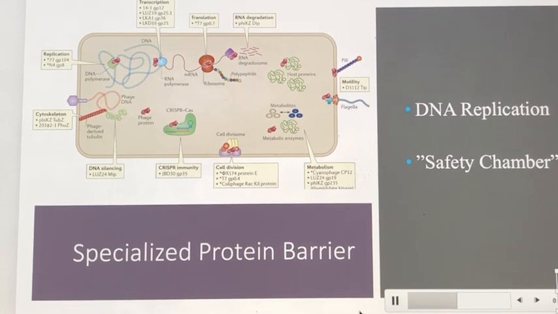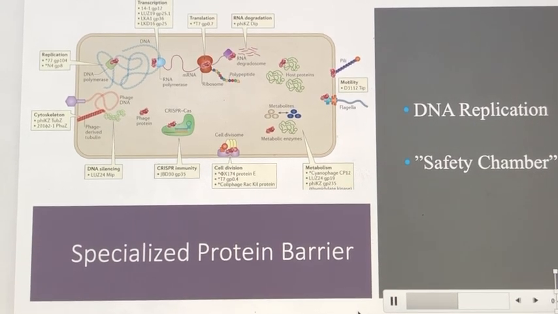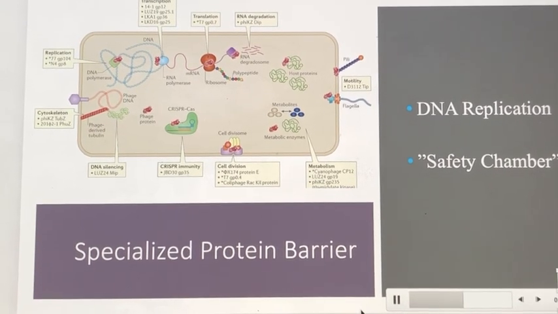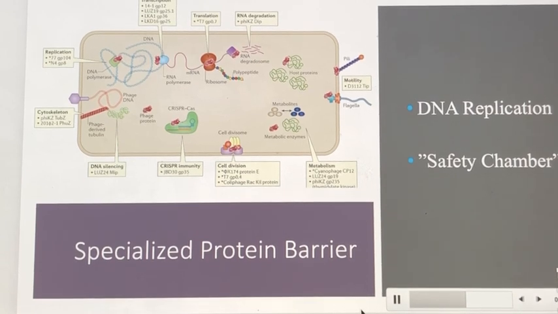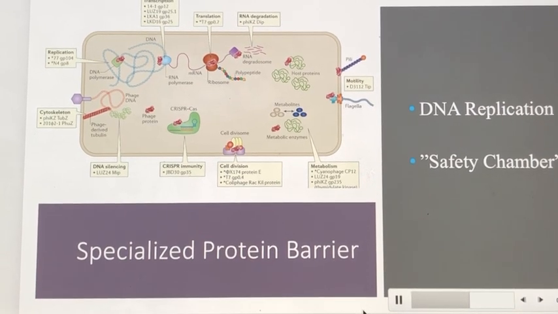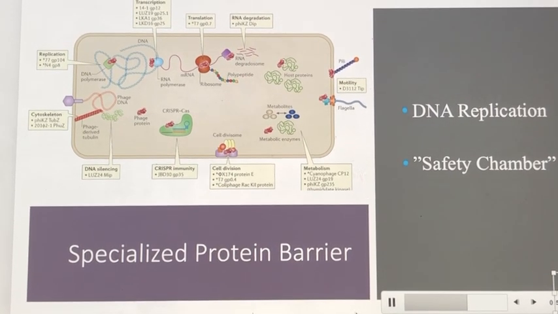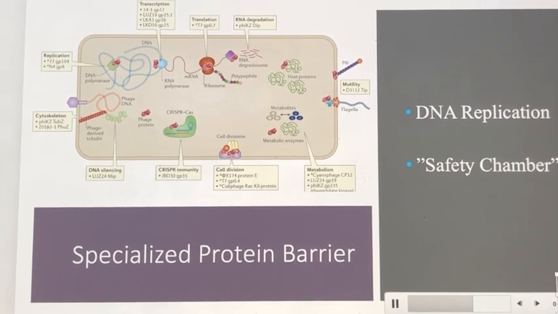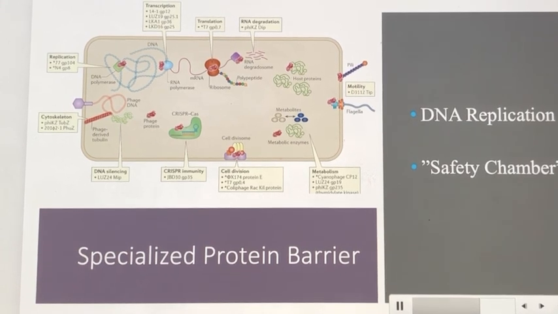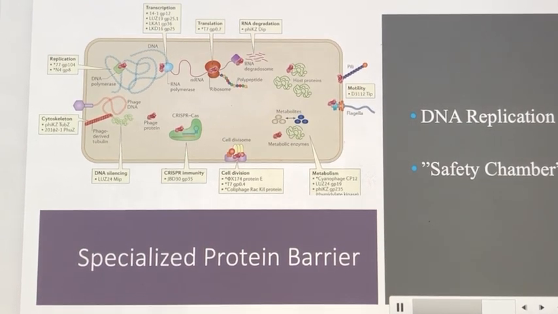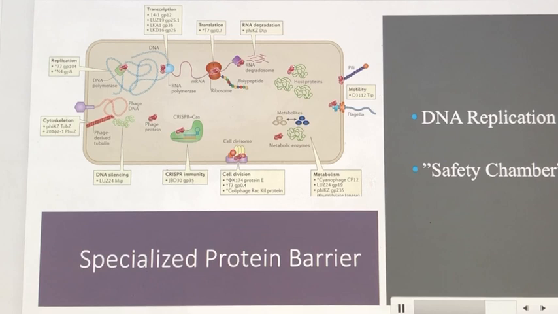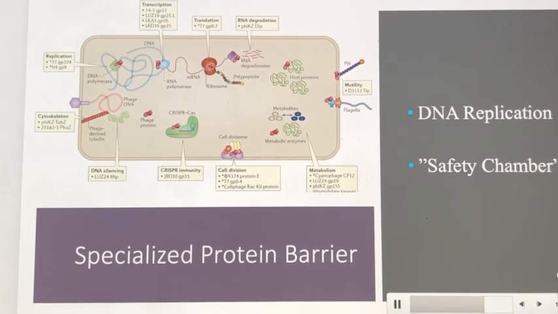After inspection, no anti-CRISPR genes were found in the phage, so its structure was analyzed. It was discovered that it had the ability to survive because of a specialized, self-constructed protein structure. Inside this nucleus-like protein shell, which is made up of cytoskeleton-like components, DNA replication is able to take place in this sort of safety chamber.